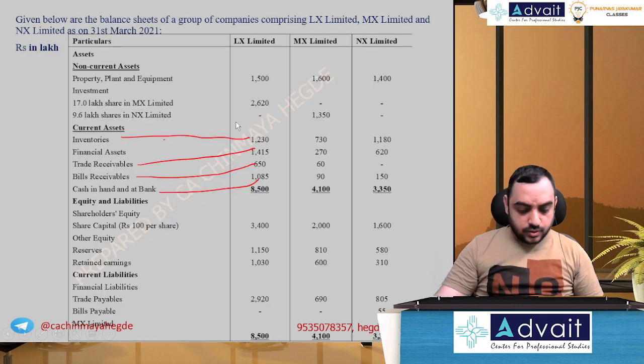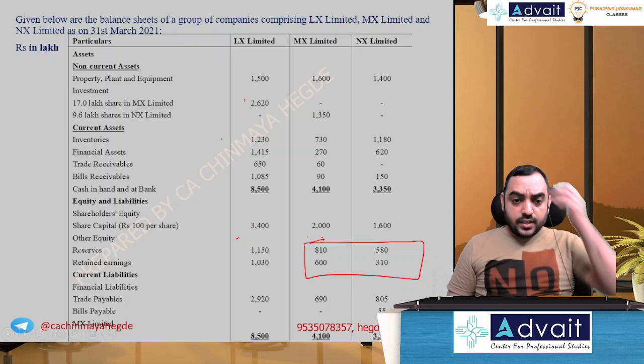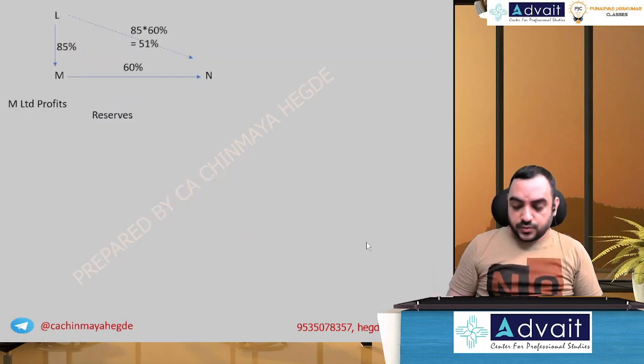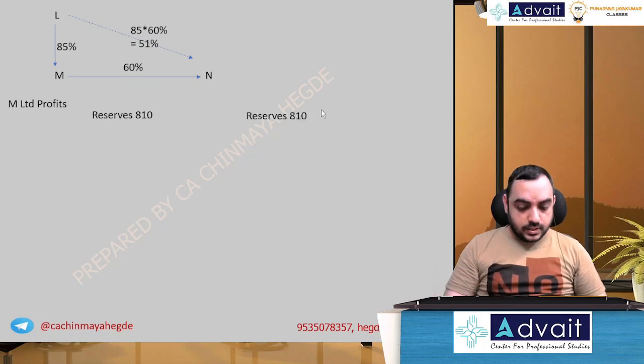Look at M Limited's reserves. This is what we need to focus on, these numbers. Reserves 810, retained earnings 600.